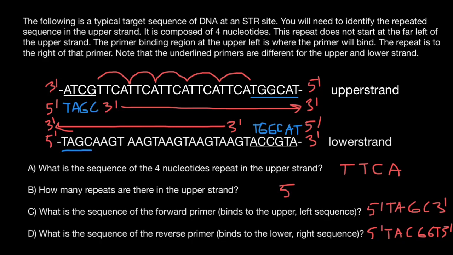Why did I give the answer as 5' end to 3' end? Because when we place an order for primers, it doesn't matter if it is a forward primer or a reverse primer, we always give the sequence from the 5' end to the 3' end. So this is the sequence for the reverse primer from 5' end to 3' end.